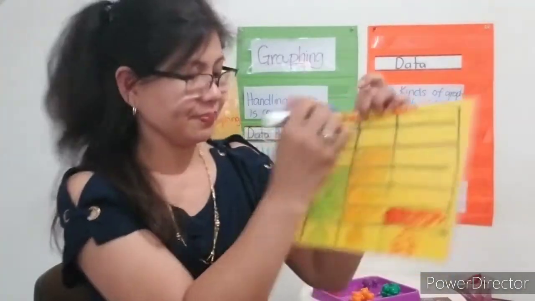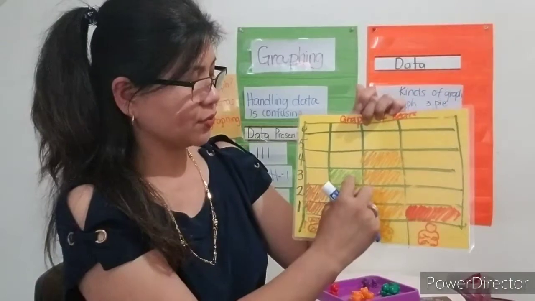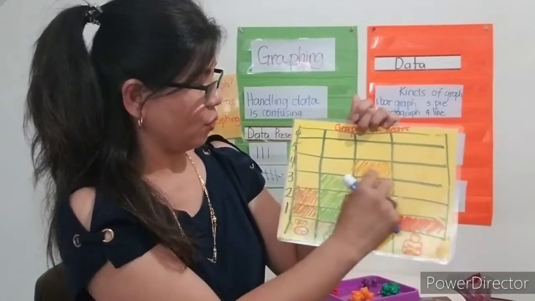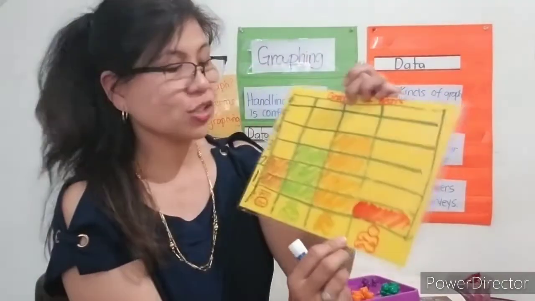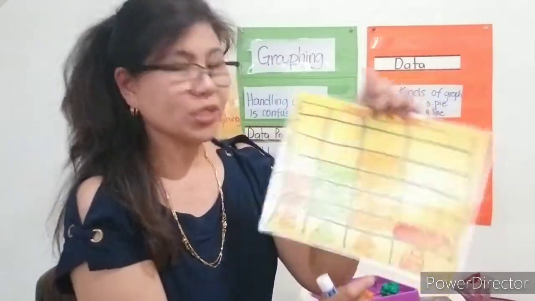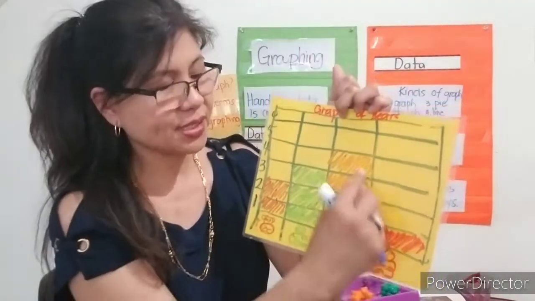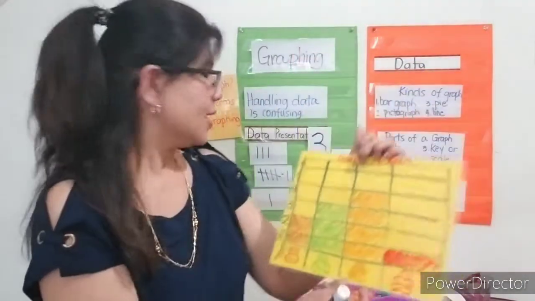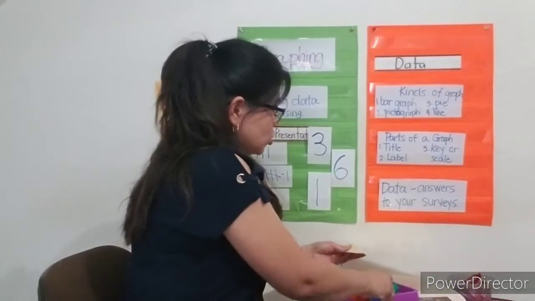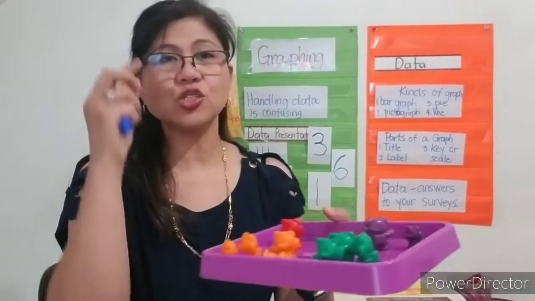There you go. So 2 are purple, 3 are green, 4 are orange, and there's only 1 red. So you got that. And which one has the most? The orange. And which one has the least number? It's the red bear.